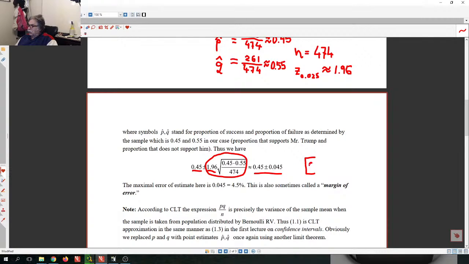That will be the lower bound, and if you do that, you're going to get 40.5%, 0.405, and the upper end of the interval would be by adding 4.5% to 45%.